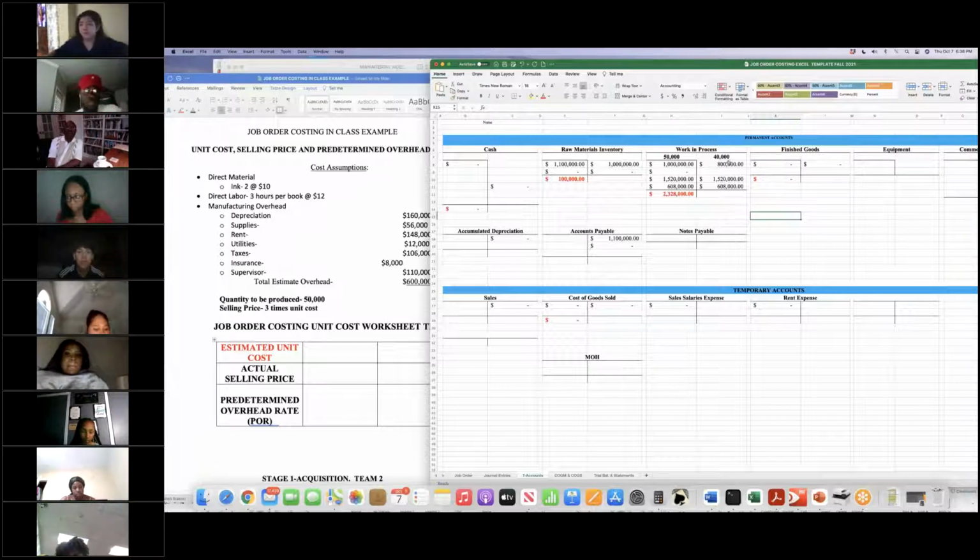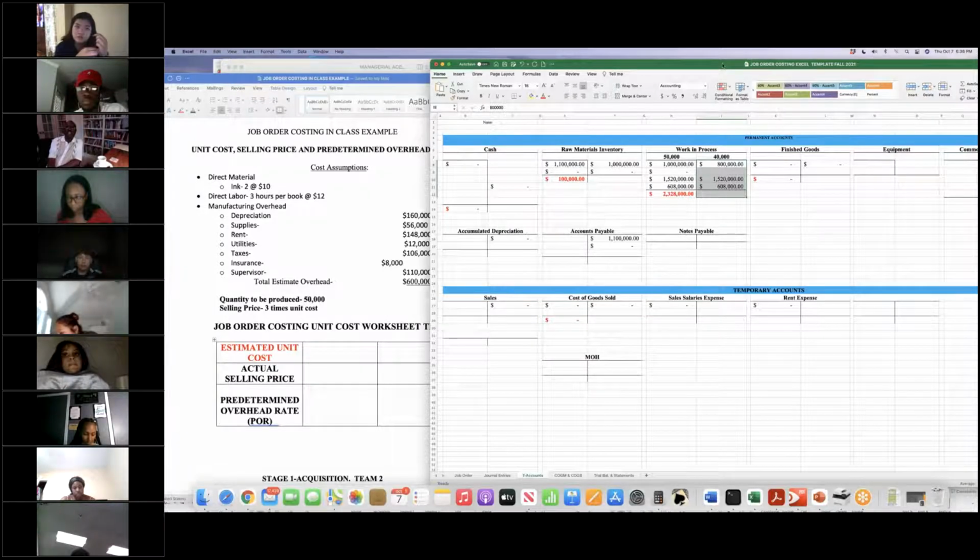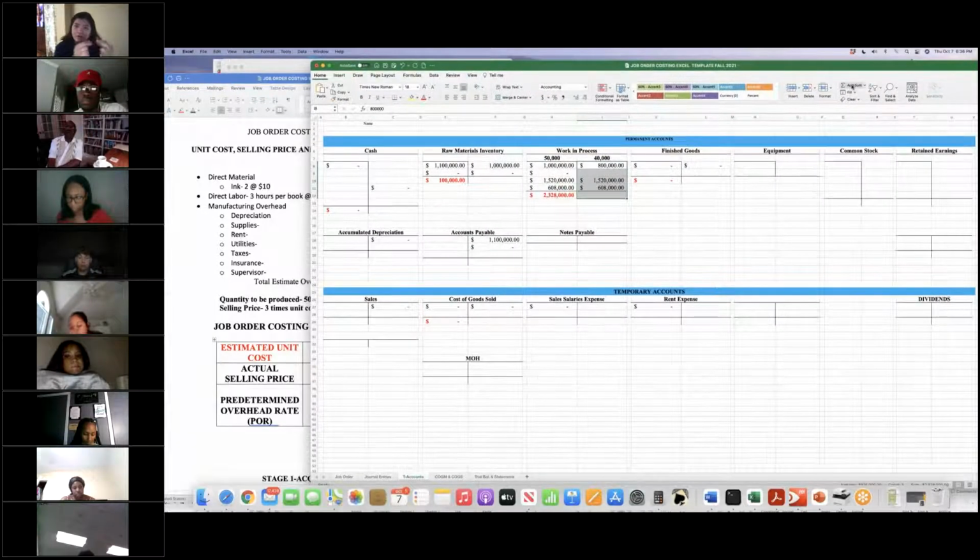So we transfer all of the labor, all the overhead, but only 80% of the raw materials. The other raw materials will still be there. So we sum total these. Let's see.